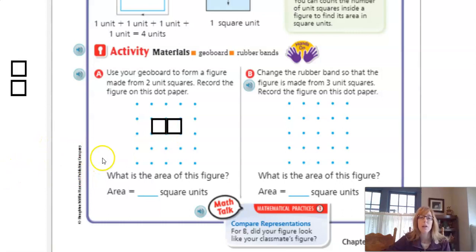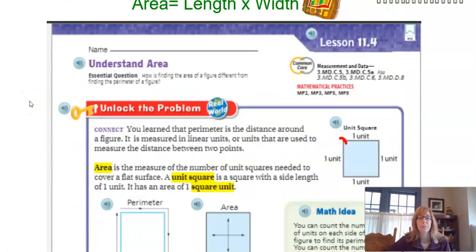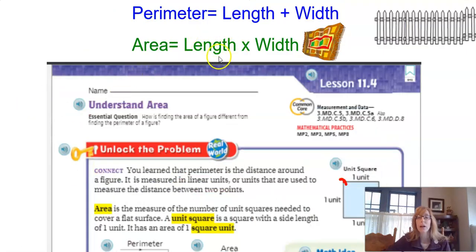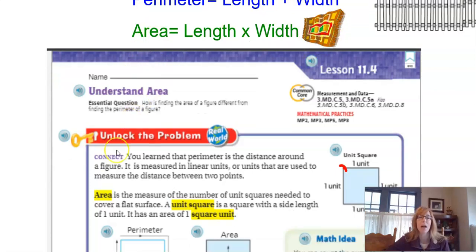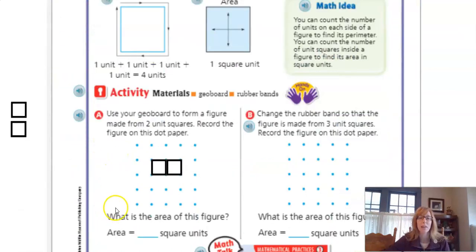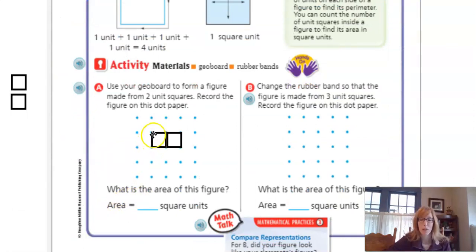Now it says, what is the area of this figure? Now remember, there's a formula for area, and it's length times width. Perimeter was length plus width. So now we're doing the inside. So we're going to have the formula area equals length times width.